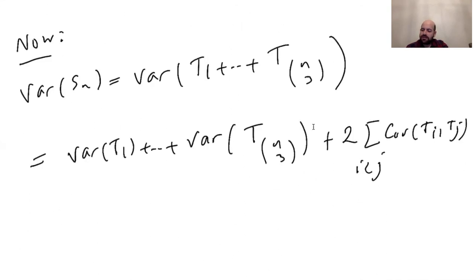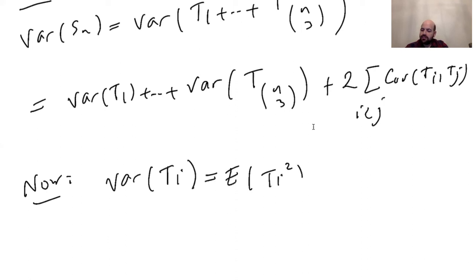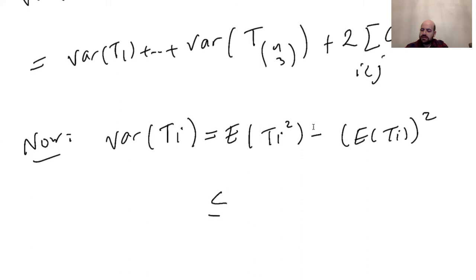Variance Sn is these terms plus these terms. I have two groups of terms, variance Ti and covariance Ti Tj. For the first group, variance Ti, what is this? This is expected value of Ti squared minus expected value of Ti the whole squared, which is of course less than or equal to expected value of Ti squared.